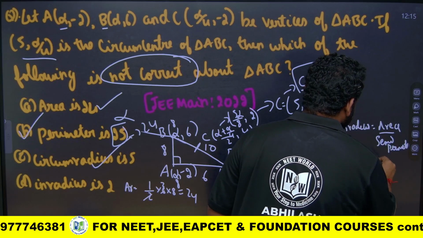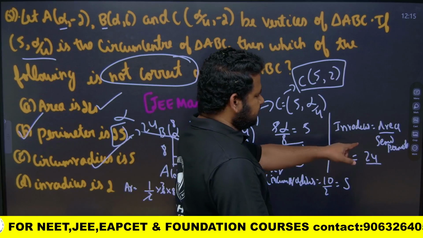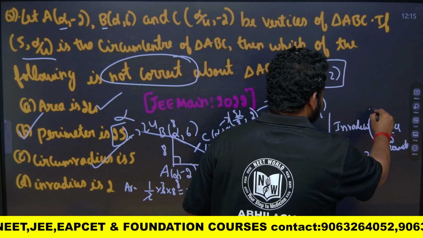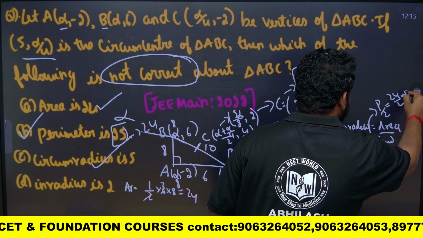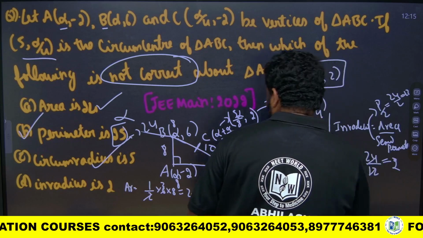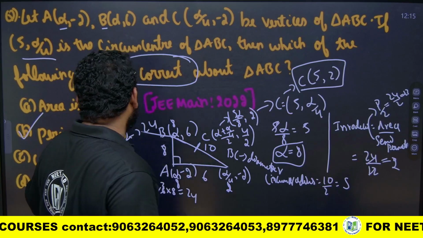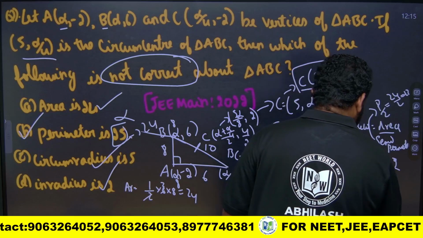Area we got as 24. Perimeter we got as 24. Semi-perimeter means perimeter by 2, that is 24 by 2, which is 12. So this becomes 24 by 12, and the answer is 2. So this is also correct. But they are asking for the incorrect one, so option B is the answer they are looking for. Fine. Next question.